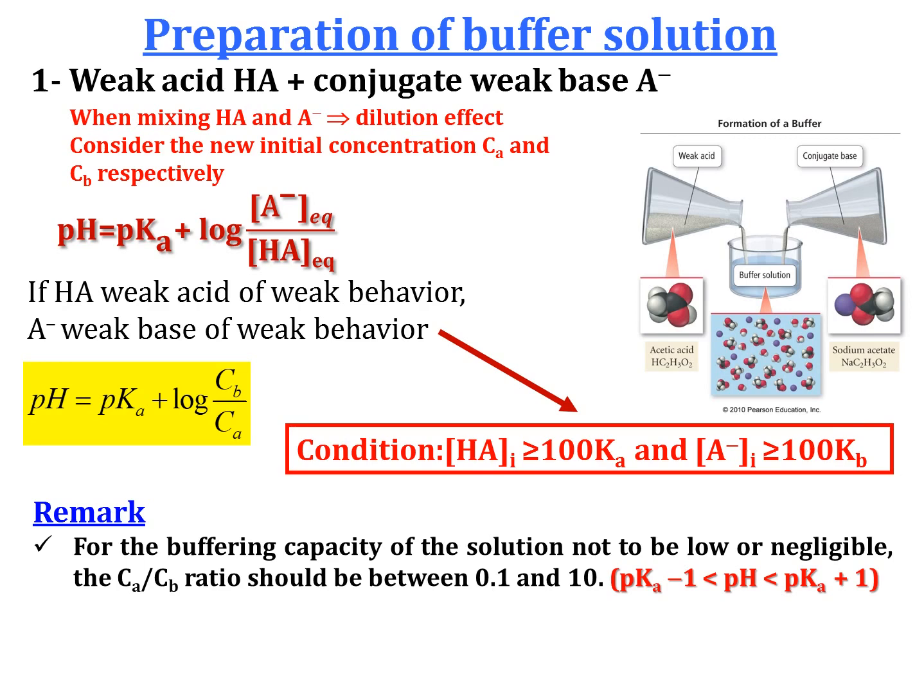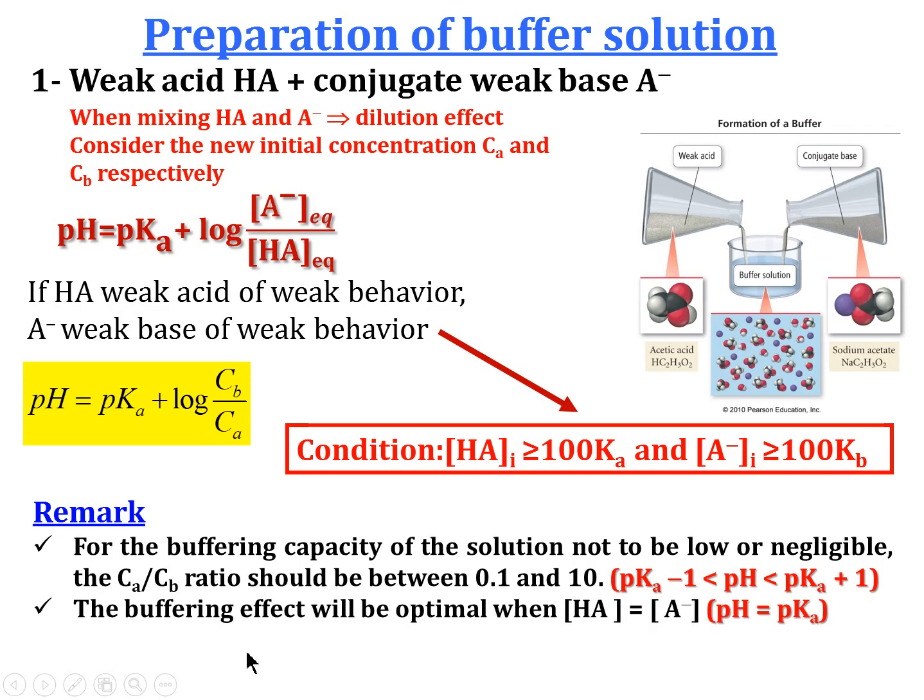So the ratio of the concentrations we use in the lab, the ratio Ca over Cb, should be between 0.1 and 10. Suppose a student uses a ratio Ca over Cb less than 0.1 or greater than 10. In this case, we will have in the solution HA plus its conjugate base, but this solution could not behave as a buffer solution.